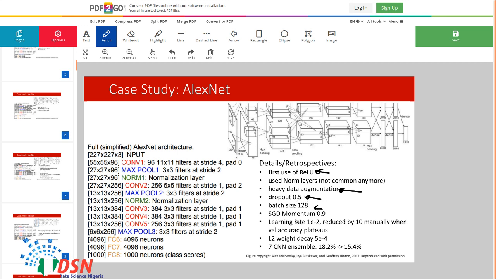properties that the network was trained with, and maybe this is an important one. The learning rate was 1e-2. At first they used a learning rate of 0.01, and to reduce the learning rate they used validation accuracy plateaus. So they monitor the validation accuracy.